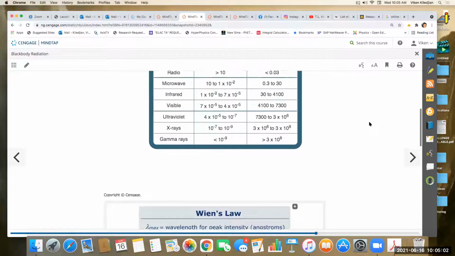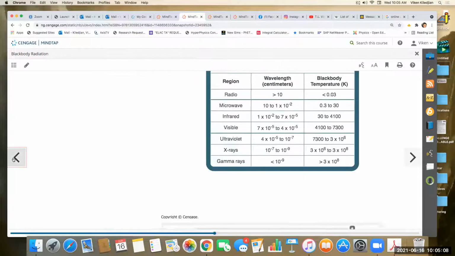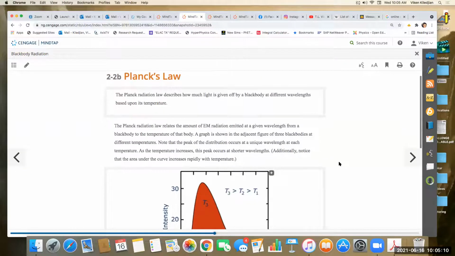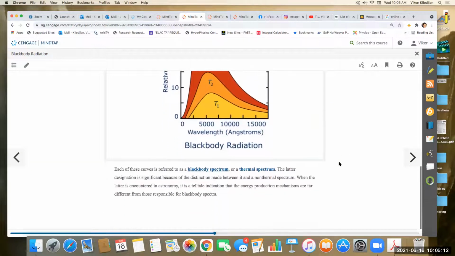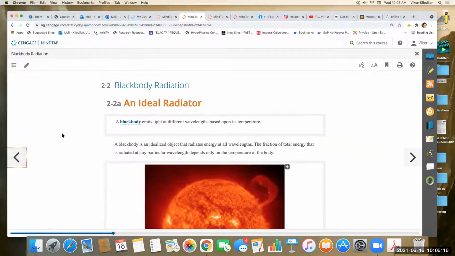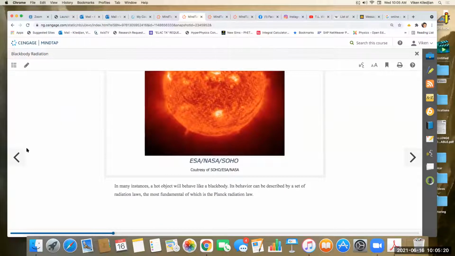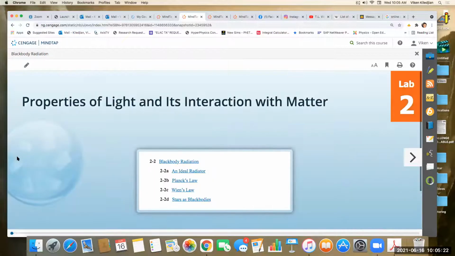Where was that? Oh, it was written earlier. I think I had jumped that. Let's see here, blackbody radiation.